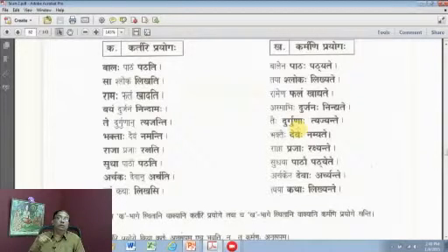Because this is plural, the verb also remains plural. Tyajyante. Taihi durgunaha tyajyante. Vices are left by them, abandoned by them. Taihi, by them. Durgunaha, bad qualities or bad habits. Tyajyante, are left. So that is the meaning.